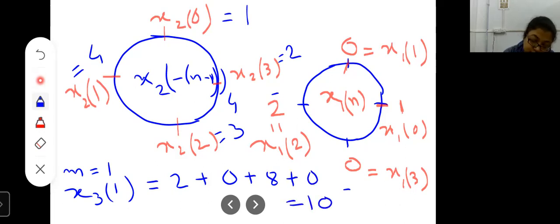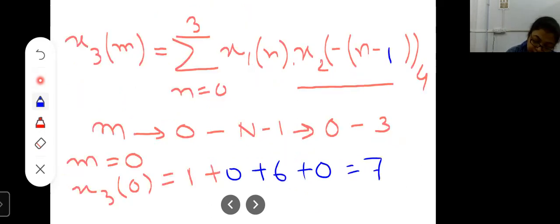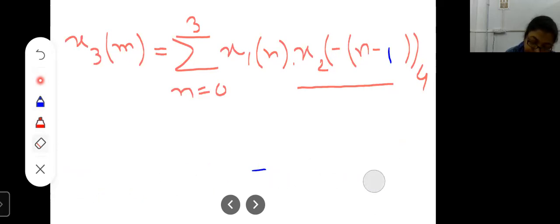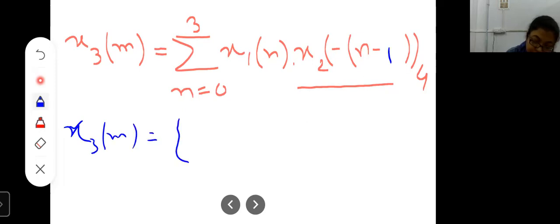So this way, by applying the same rule, you have to find the other two values also, because the m value is from 0 to 3. So here we can write all the x3[m] values. First, x3[m] equals to, put a bracket. The first value we got 7, then 10, already I have shown you.